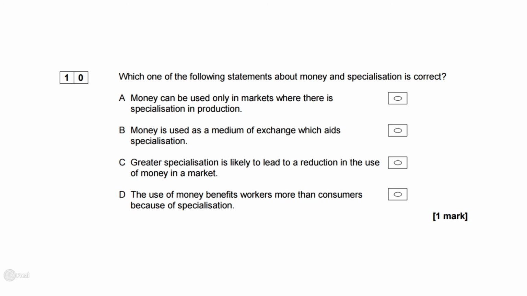For example, if I produce chickens, I would have to find someone who wanted chickens in return for something that I wanted from them. Whereas with money, I can just give them some money and use this money elsewhere. So the answer is B. Money is used as a medium of exchange which aids specialization.